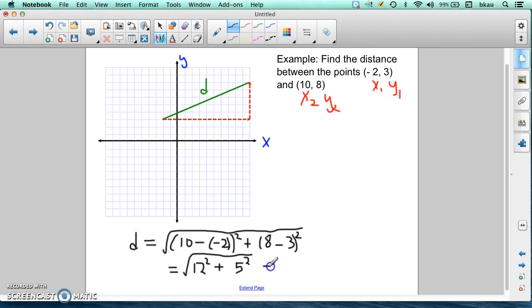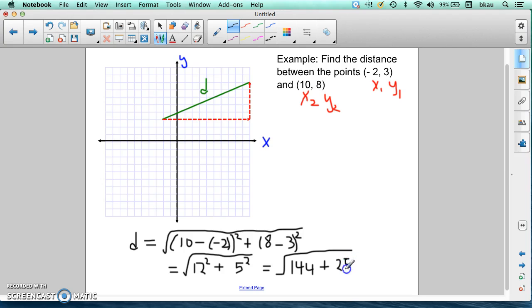So that's going to give us the square root of 144 for 12 squared, and 25 for y squared. The y side squared is 25, 5 squared.